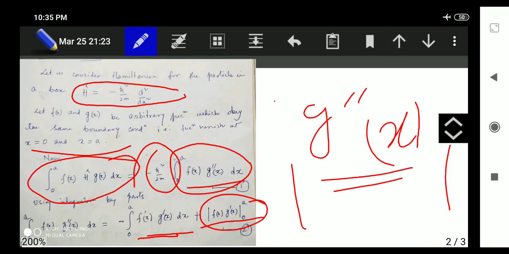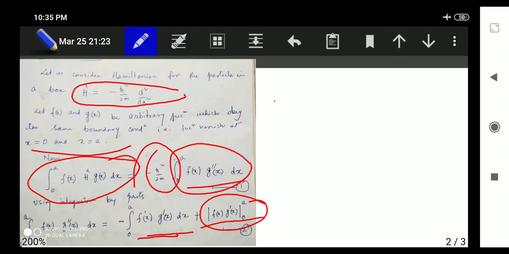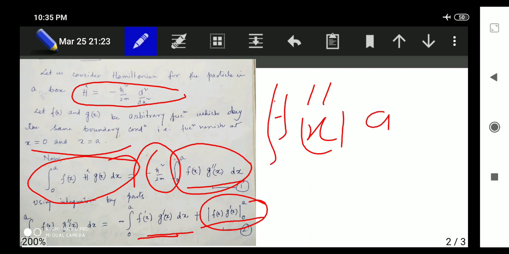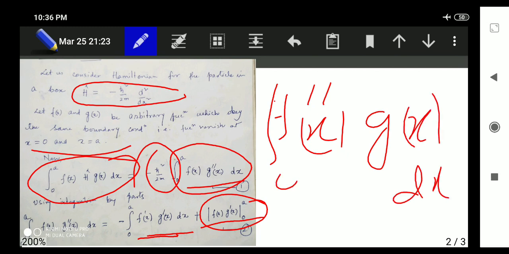Let us see here. It will become f''(x). Outside is minus, and again it will become minus minus, which is plus, integration of f''(x) g(x) dx from 0 to a. That means we started with f(x) g''(x), and now you are getting f''(x) g(x) dx.